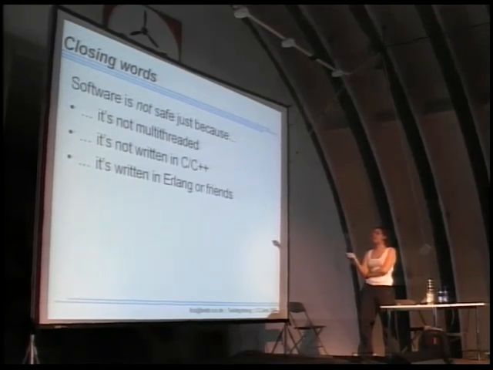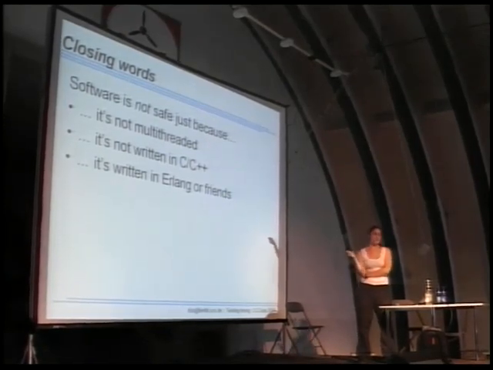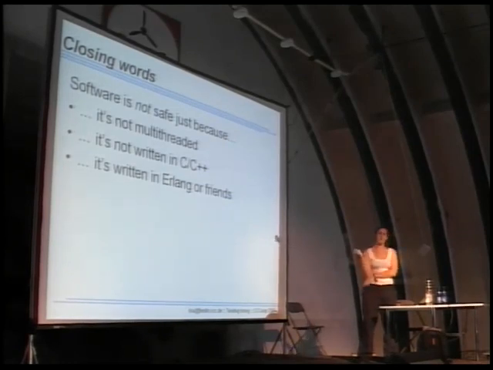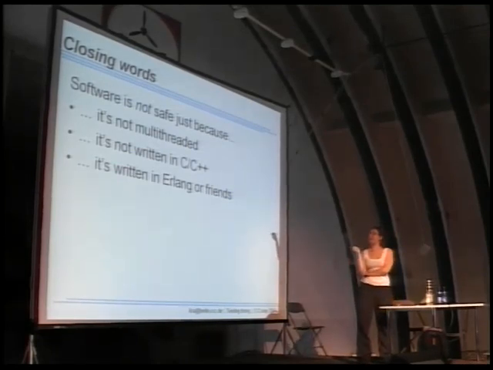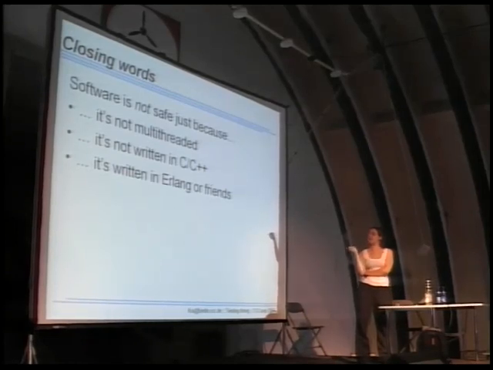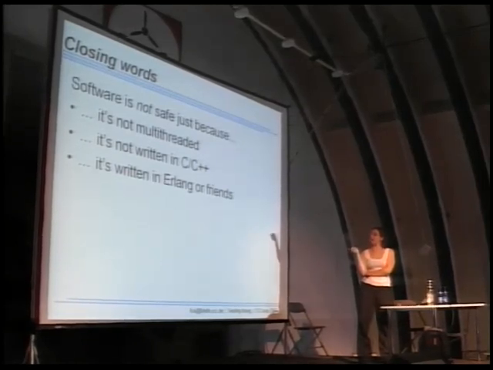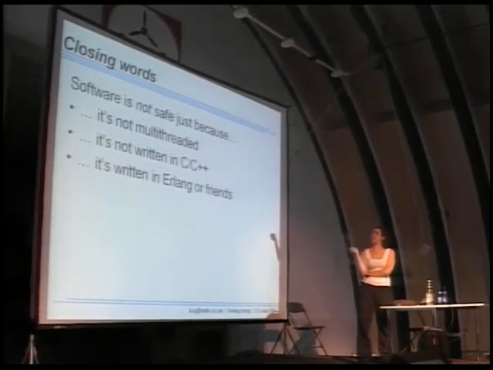And don't think you're safe just because it's not written in C and C++. While you can make huge mistakes in C and C++, as we've seen, also Perl and pretty much any language can introduce race conditions, and even the famous Erlang, which I'm personally very fond of, is not safe because it may not have shared data, but there's still the possibility of logic faults being introduced by race conditions.